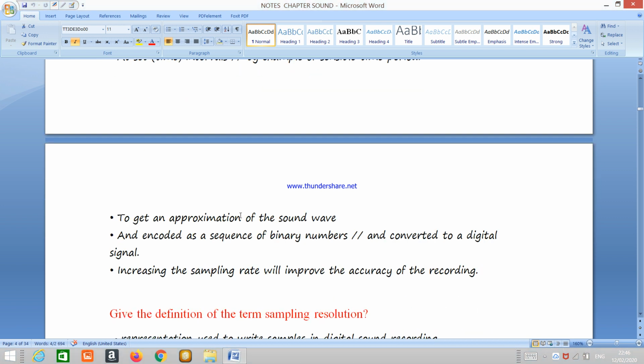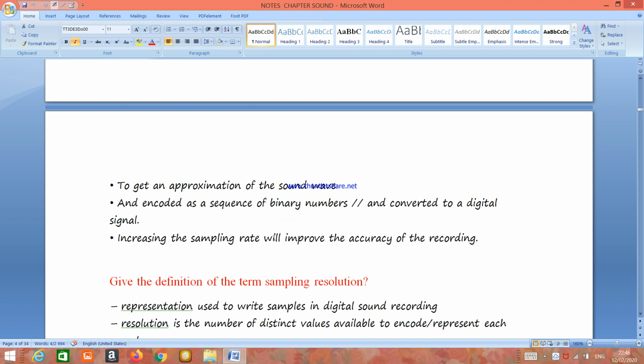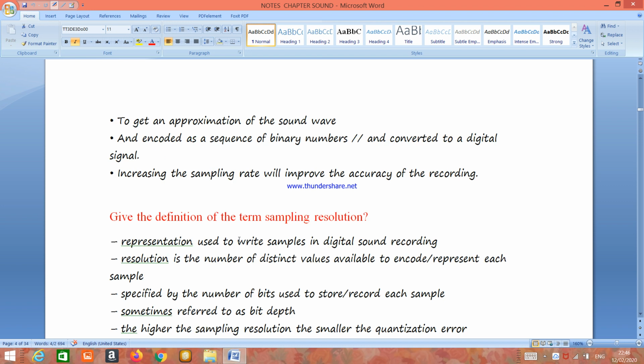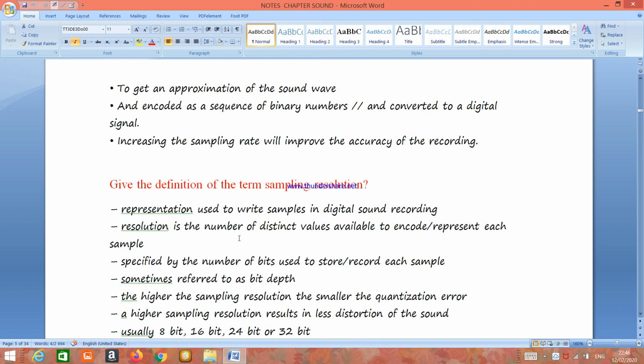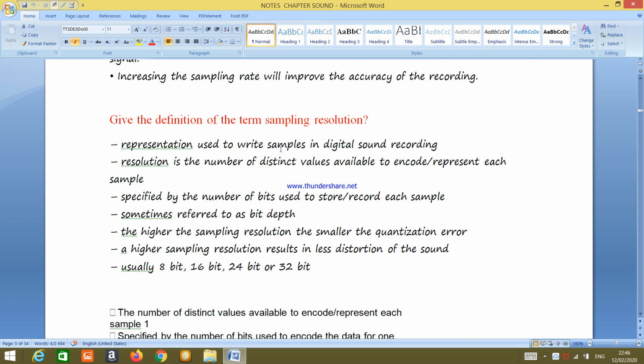You get an approximation when you convert, that means encode, it into a sequence of binary numbers. Increasing the sample rate will improve the accuracy of the recording, because the more samples you take, the better the quality of sound will be, but at the expense of increasing the file size.